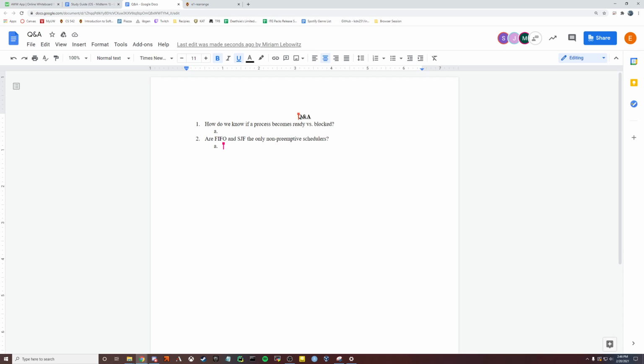Multi-level feedback queue. Round robin and lottery. Yes, those are the ones we learned about. I don't know how lottery works, but the other ones are definitely preemptive. So this one is likely true, with potentially the exception of lottery.